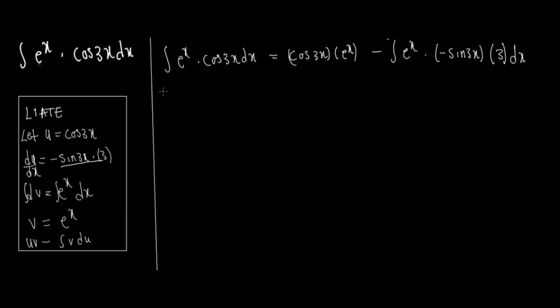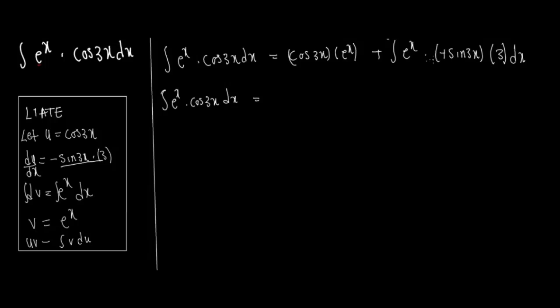So to keep the left hand side, we'll have the integral of e to the x times cosine of 3x dx, which is equal to, here we'll have a positive, then we'll take the 3 outside.